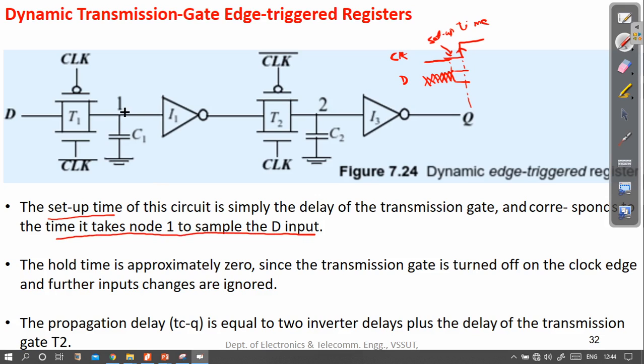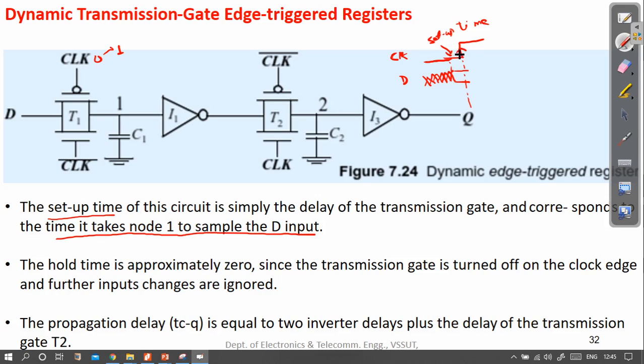Because when the clock was 0, this transmission gate was on, and D was coming here, and when it changed to 1, this transmission gate turned off, and this node maintained the previous input value. So capturing occurred during this transition.